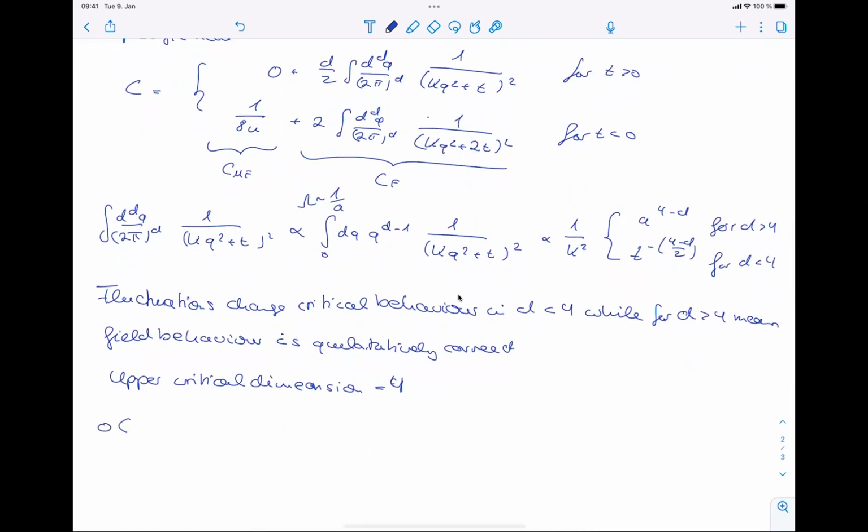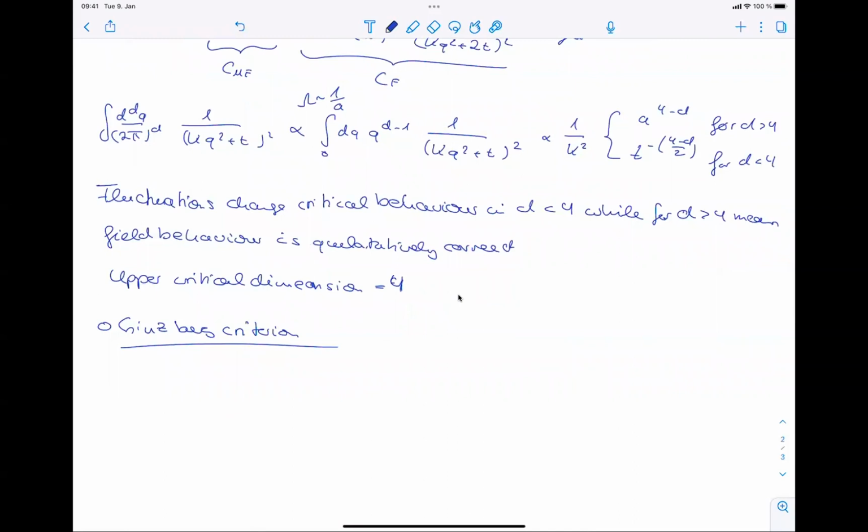And last, we had the Ginzburg criterion, which told us at which temperature we have to be to observe these corrections in the behavior of the specific heat. And so we observe them when the correction due to the fluctuations is bigger than the jump in the specific heat as predicted by mean field.